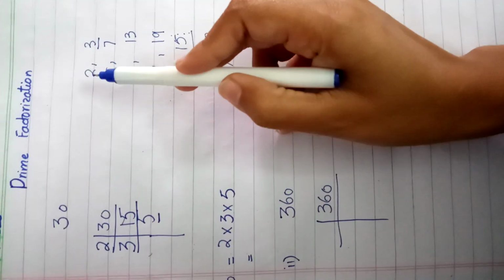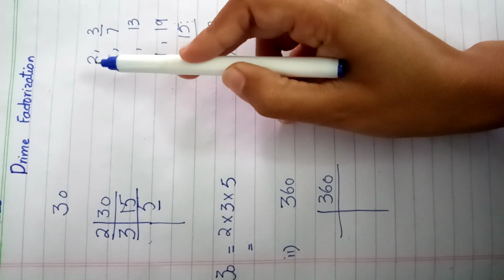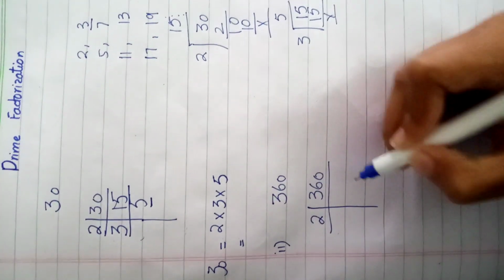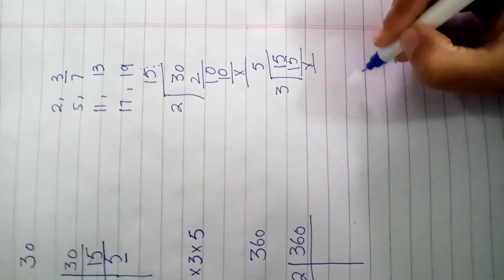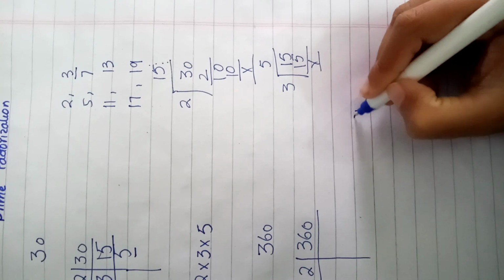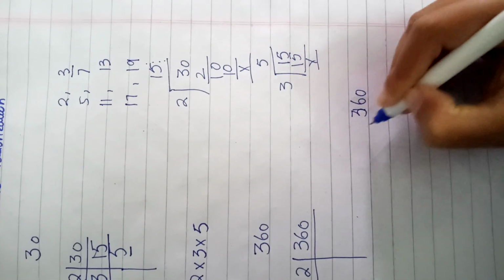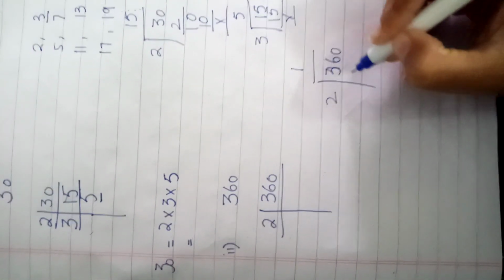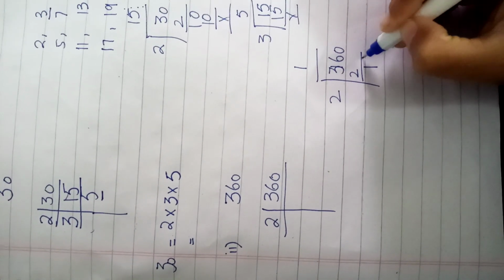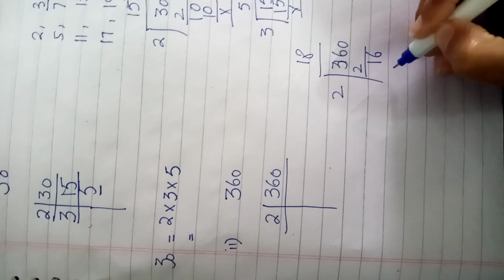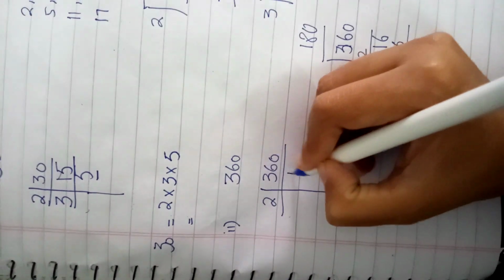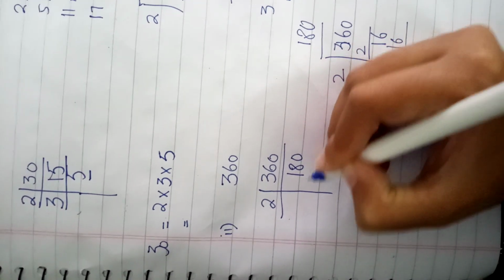Now start with the least prime number, that is 2, and start the division from here. I have to divide 360 by 2. 2 threes are 6, 2 eights are 16, and this 0 will be right here. The answer is 180.